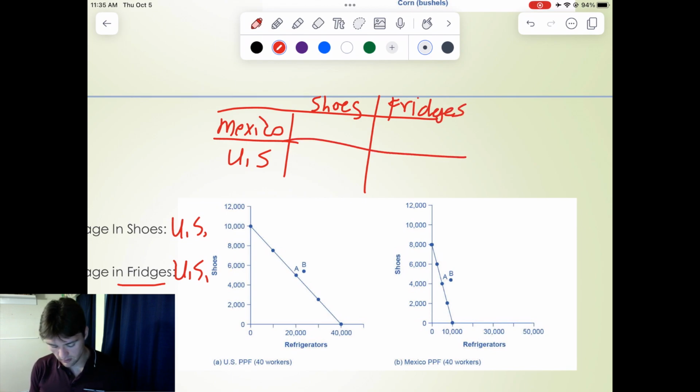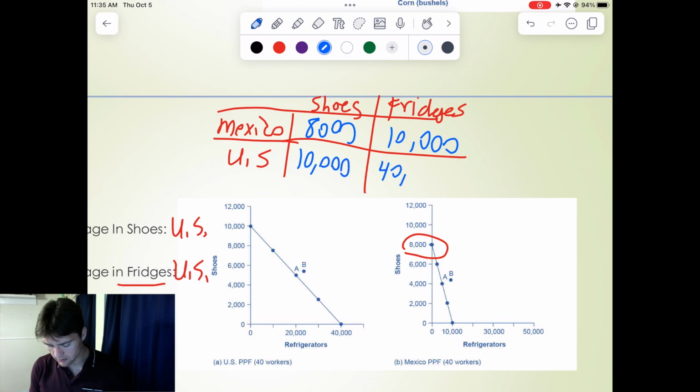So Mexico can do 8,000 shoes or 10,000 refrigerators. Or the US could do 10,000 shoes or 40,000 refrigerators. If you did it this way, you can definitely see who has the absolute advantage.